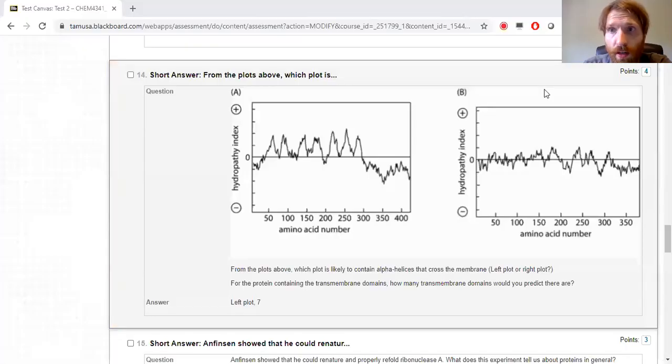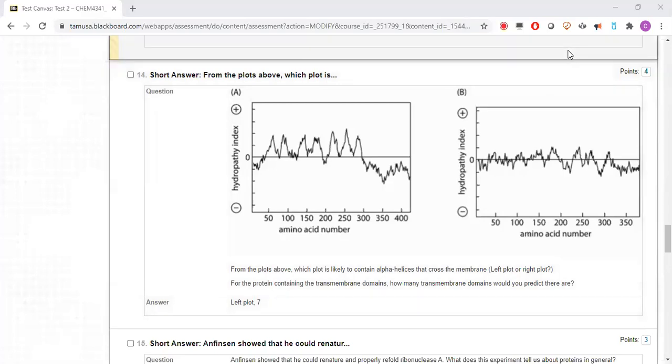It was this problem where we're looking at alpha helices on a hydrophobicity plot. And I want to say 90% of you said the right plot. And the question is, which plot is likely to contain alpha helices that cross the membrane?